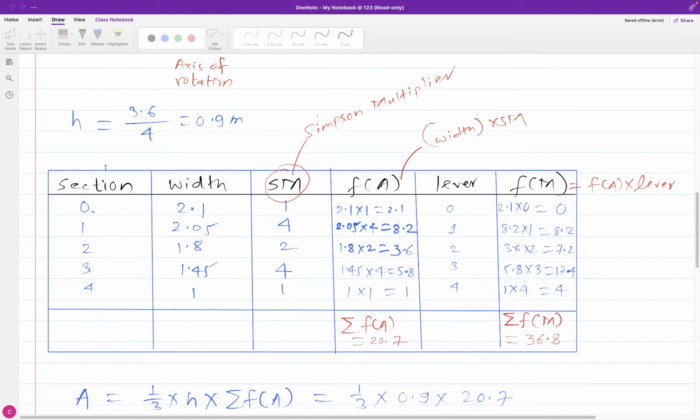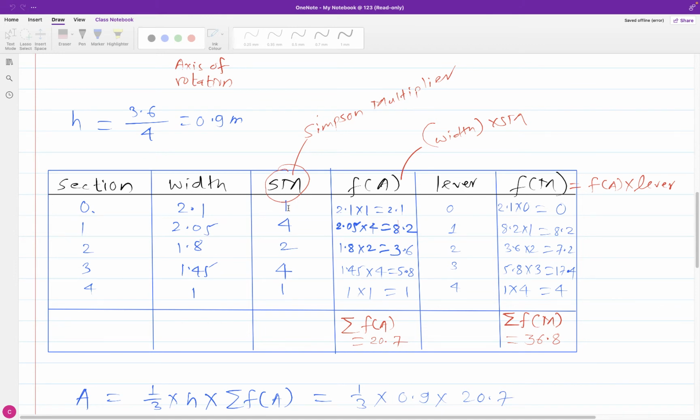Now here what we have: section, width, Simpson's multiplier. If you remember, I told you we always start Simpson's multiplier. Here we will have a total of 5 sections, and section numbering will start from 0: 0, 1, 2, 3, 4. At section 0, width 2.1, 2.05, 1.8, 1.45 and 1.